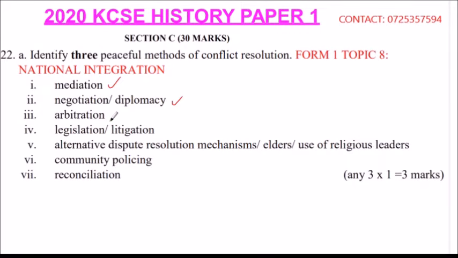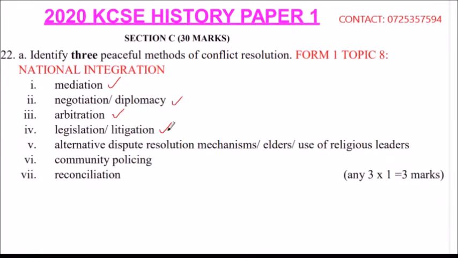For example, what was happening in Somalia, what happened in Kenya in 2007. Arbitration, that is putting a team of people together to resolve the conflict.